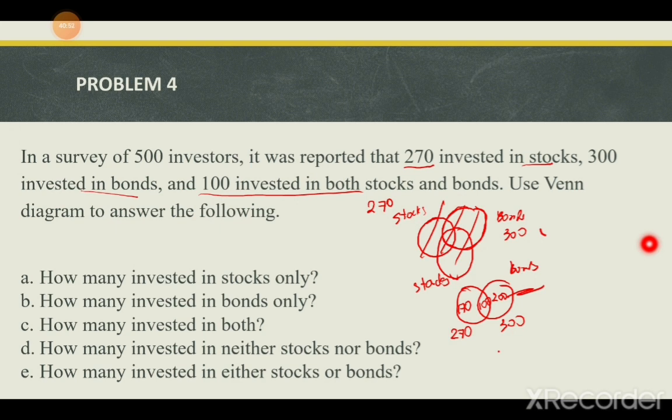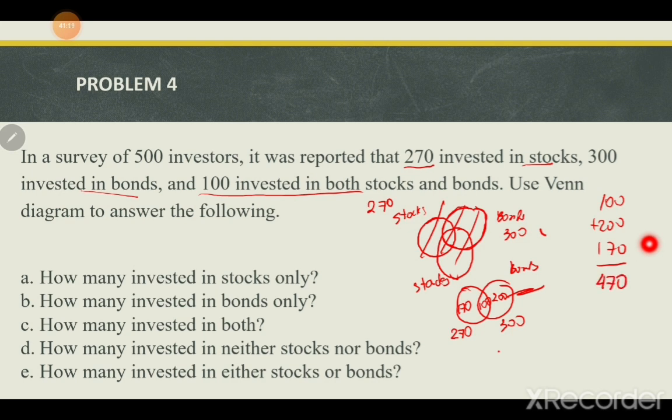Tama? So, pag kinuha natin yung total natin is that 100 plus 200 plus 170, we have how many? 300 plus 170, we have 470.